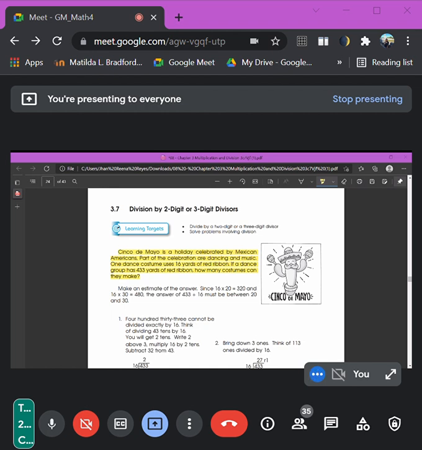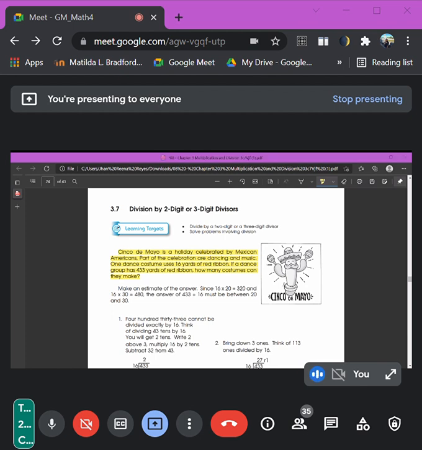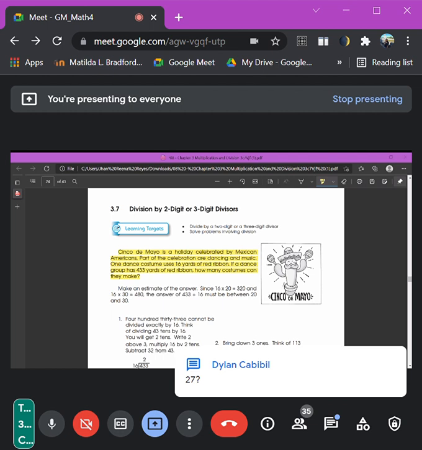Pila kaha atong mabuhat nga costume if we have 433 yards. So what is our operation here? Okay. So we have 433 yards, and then 16 yards for every one dance costume.